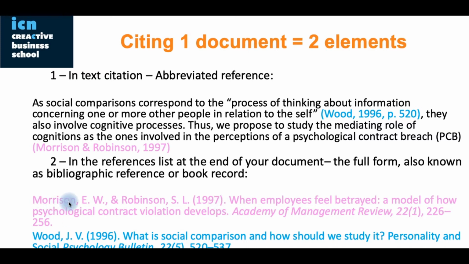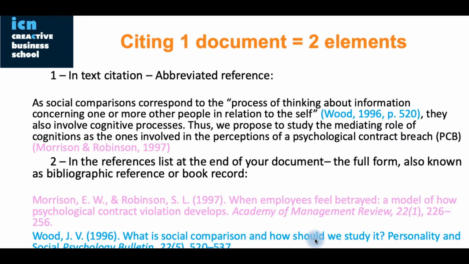So here you've got the family name of the first author, their initials, a comma, an "and", then the family name of the second author, a comma, their initials, and the year in which that article was published. Then you've got the title, the journal's name, and some information on the volume number as well as the issue and the pages.